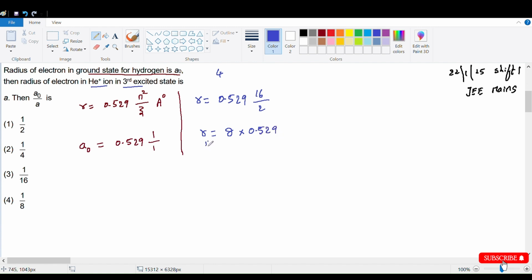This is for helium. They are calling this value A. So they want A0 by A. A0 value we got is 0.529 and A value we got is 8 times 0.529. The 0.529 cancels. The fourth option is the correct answer.